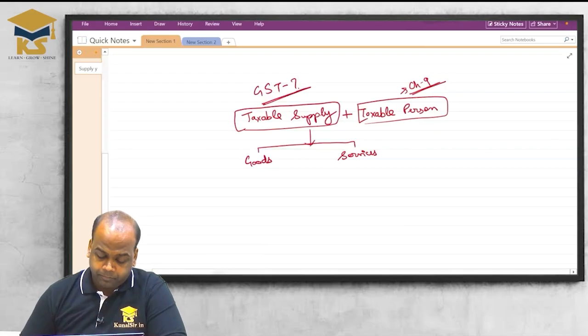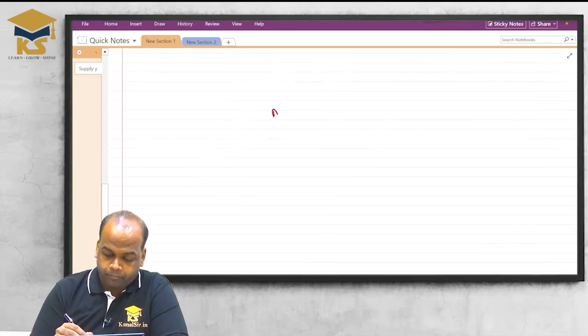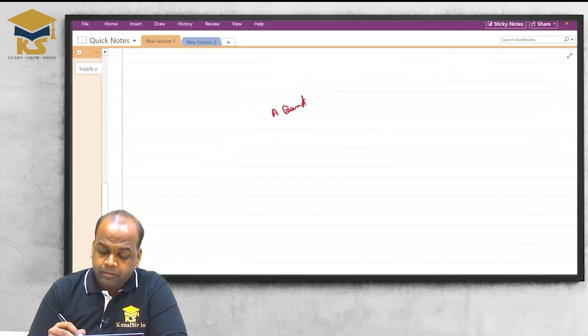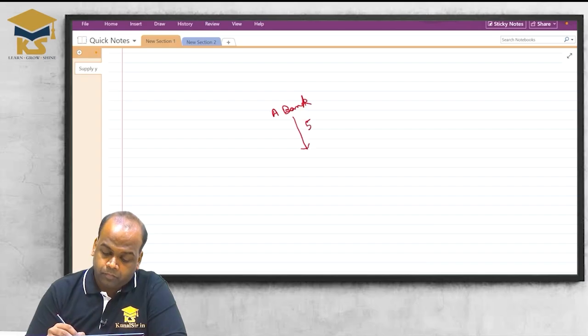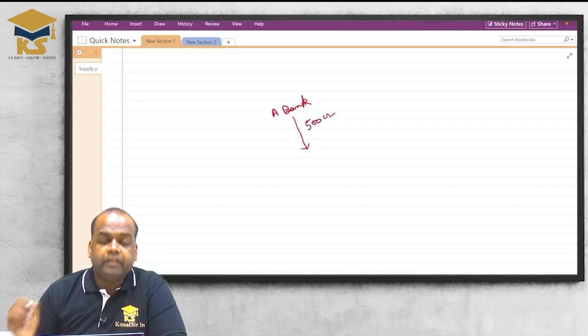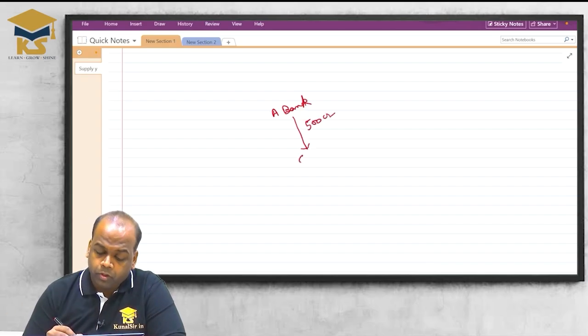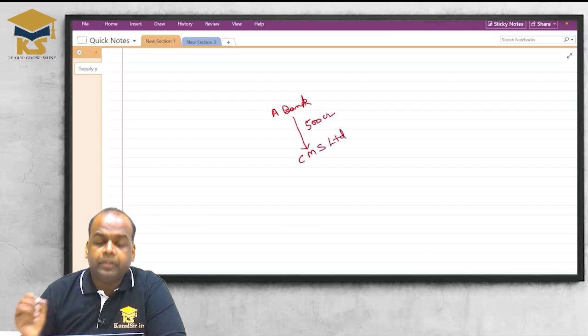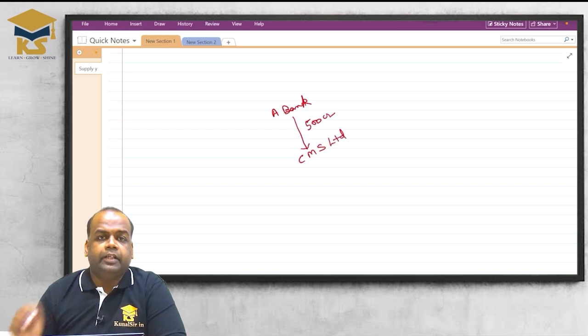Like what happened? A bank gave 500 crore in currency notes to Cash Management Services Limited to fill cash in their various ATMs.